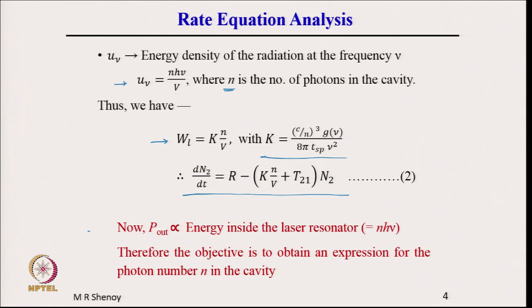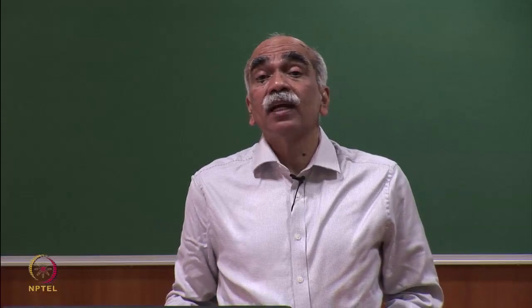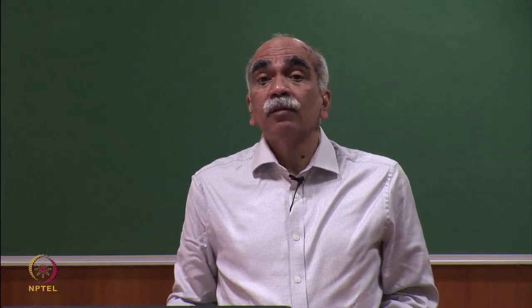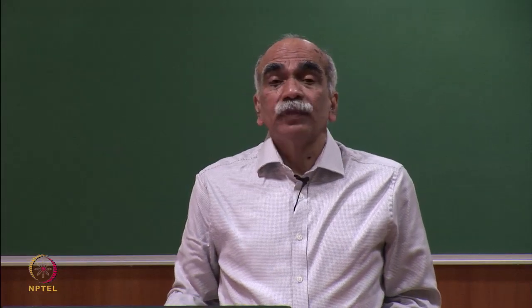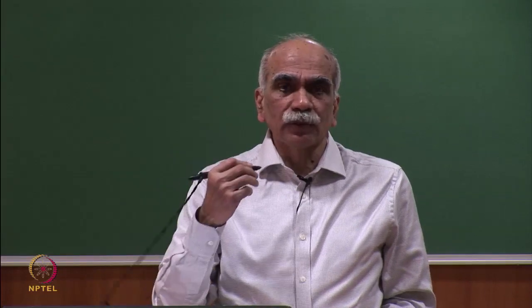Now, note that the power output of the laser, because the title of the talk is variation of laser output power with pumping rate as we go from below threshold to above threshold.